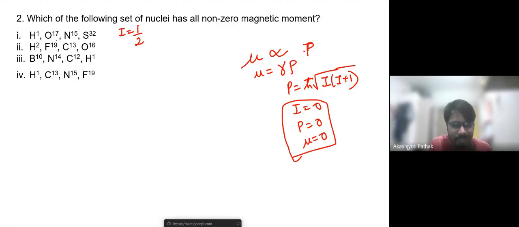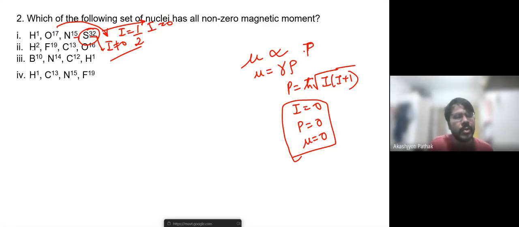If you just look at the mass number, you can comment on which nuclei will have a zero spin quantum number. O17 has an odd atomic mass number, so it will not have I equal to 0. 15N is also an odd number, but S32 is an even number, so S32 will have I equal to 0.